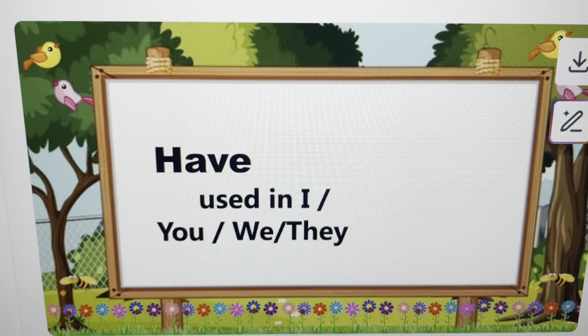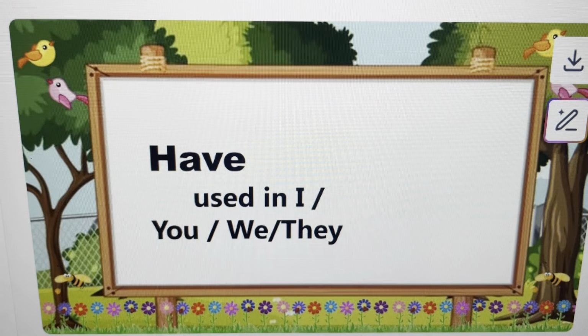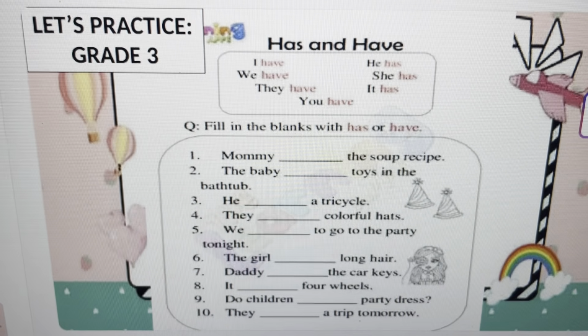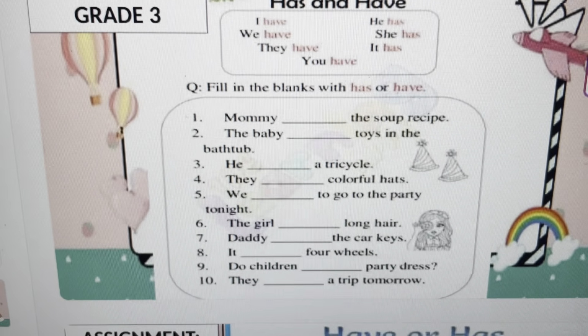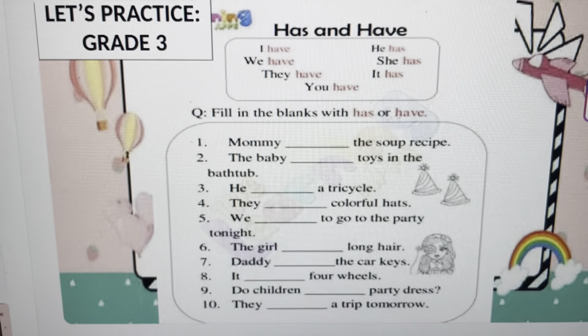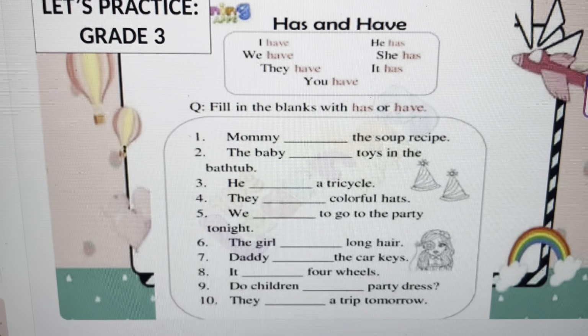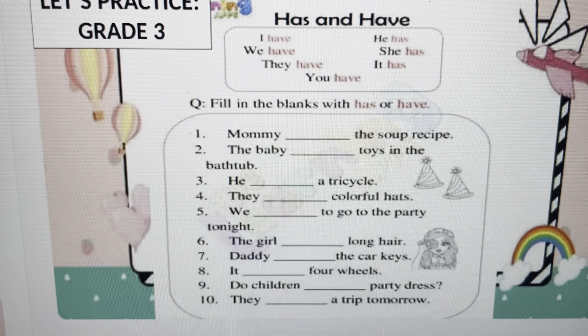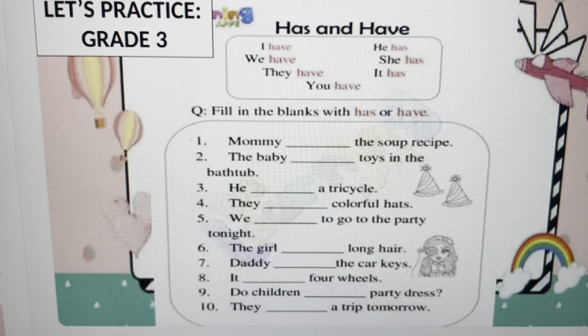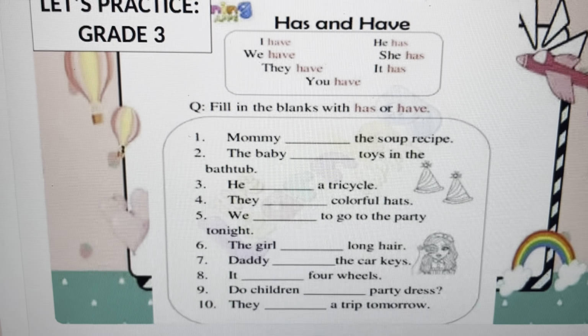So we are using have. I singular, you singular, we and they are plural. You can see here how we are using has and have. I have, we have, they have, you have. With all these we use have, and he has, she has, it has.